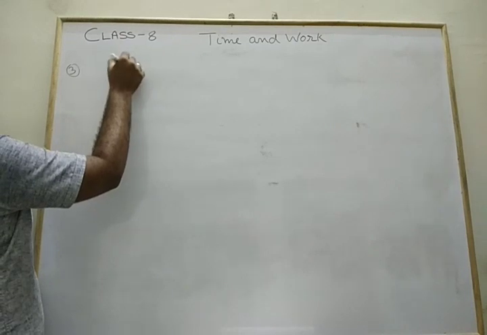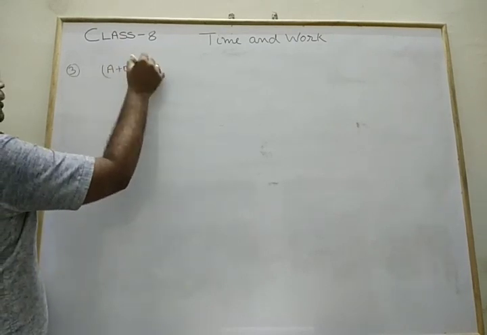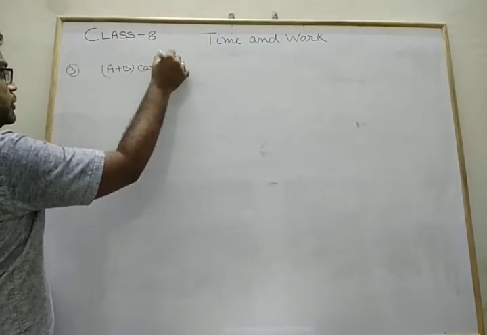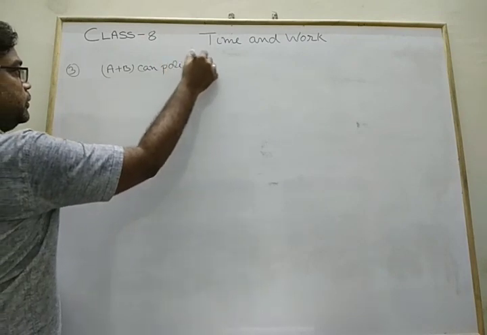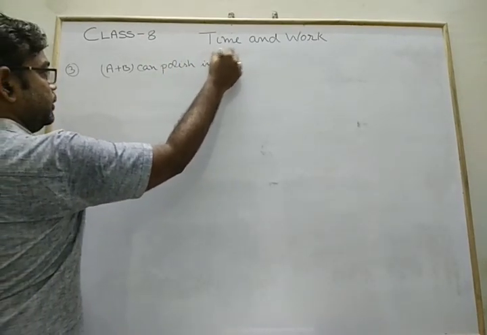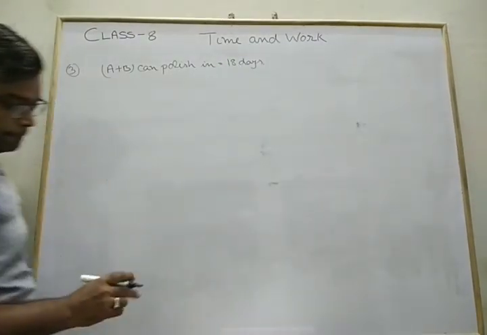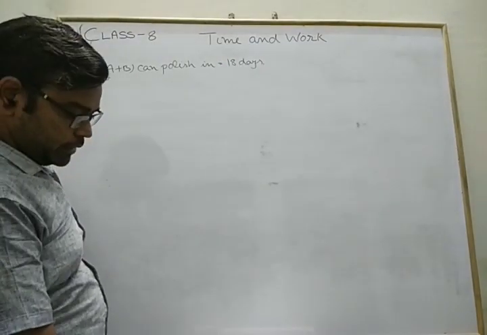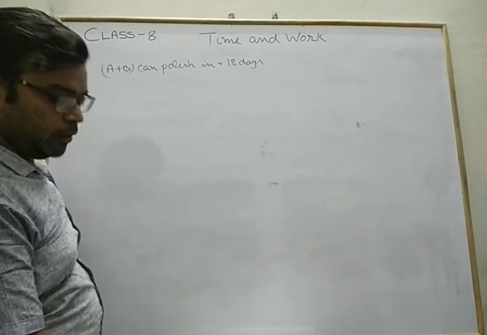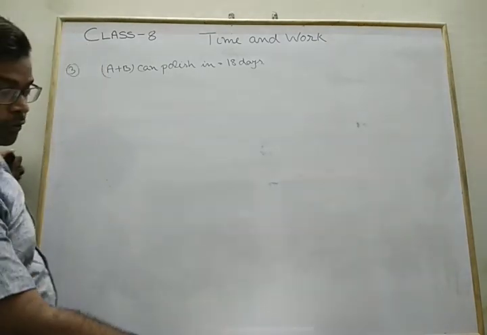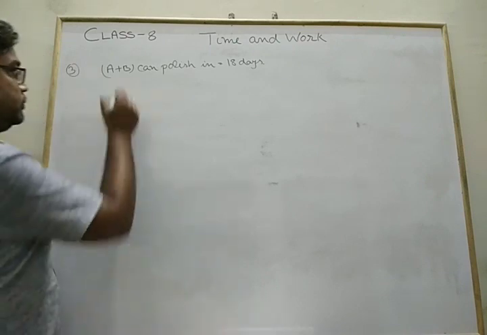First, what is given? A plus B can polish in 18 days. Then it says that A alone can do 1/6 of the job in 4 days.